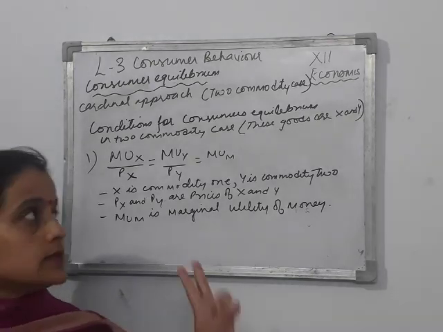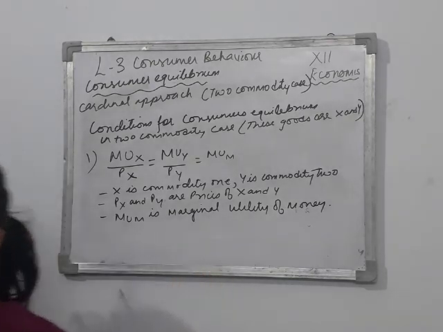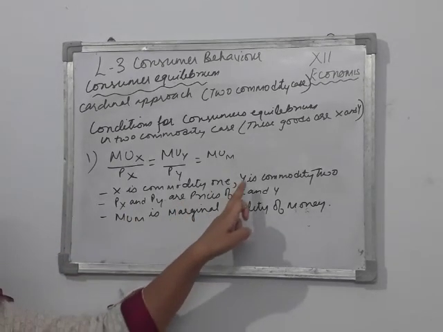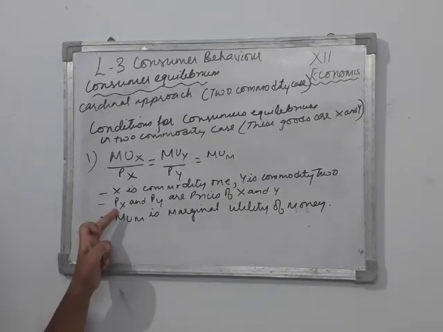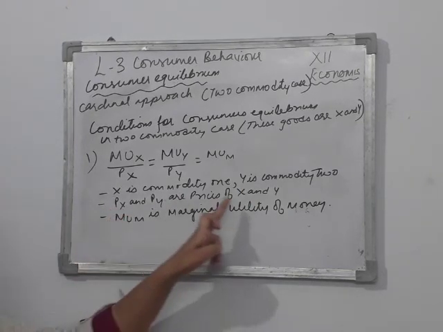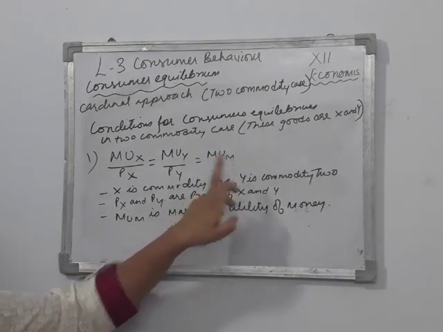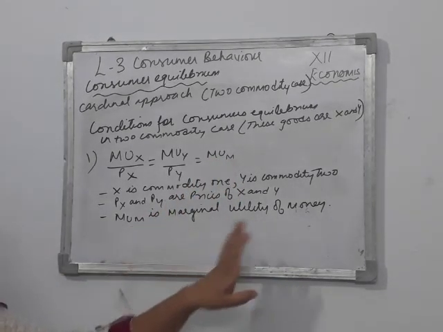So we are reading the two commodity case, so we have two goods, commodity X and commodity Y. Here X is commodity 1 and Y is commodity 2. PX is the price for commodity X and PY is the price for commodity Y. MUM is marginal utility of money.